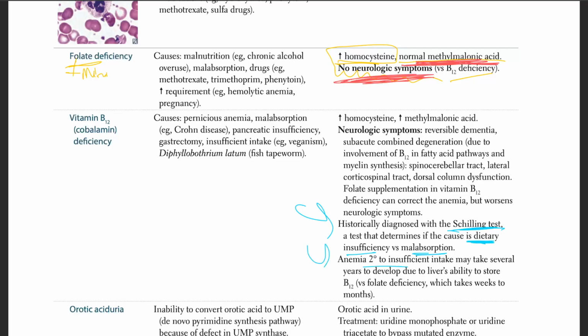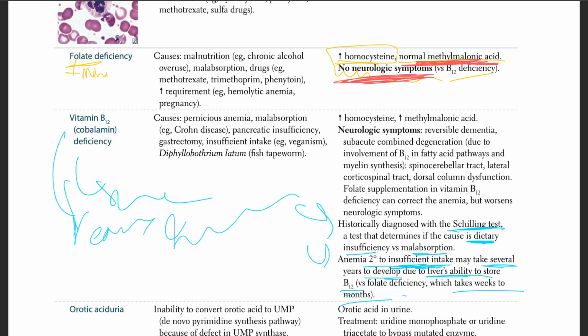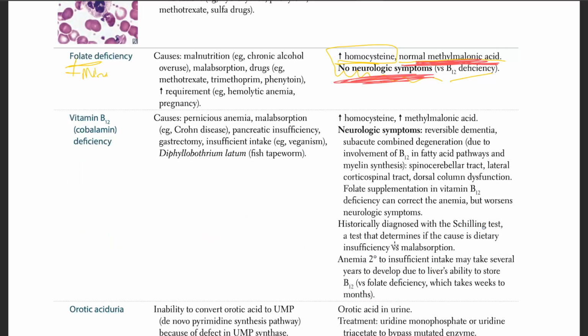Anemia secondary to insufficient intake may take several years to develop due to the liver's ability to store vitamin B12, versus folate deficiency, which just takes weeks to months. So it takes years for the deficiency to develop if you are taking an insufficient diet. Vegans take years to develop it. I'm cool with a vegan diet, but after years, man, I should have taken vitamin B12.